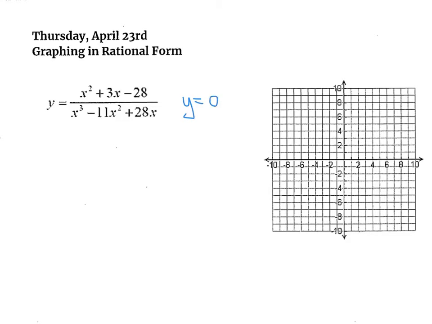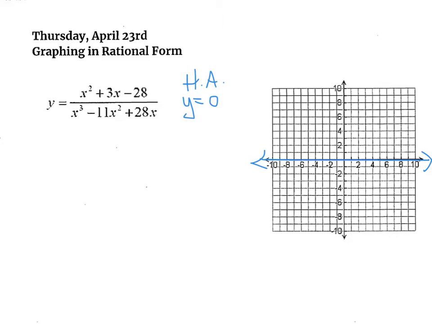So y equals 0 is my HA, my horizontal asymptote. That's the x-axis. So right across the x-axis is our horizontal asymptote.